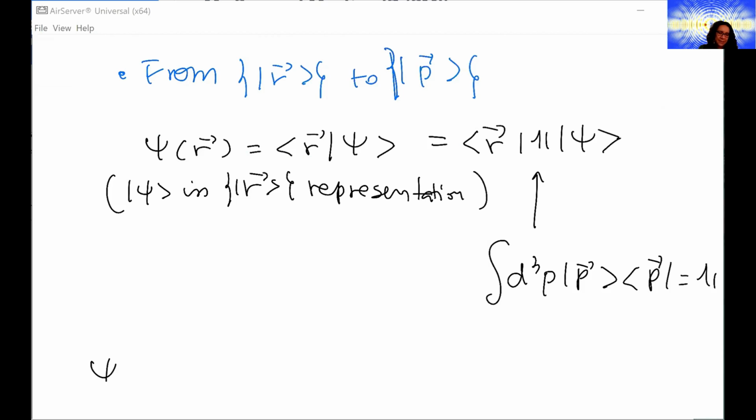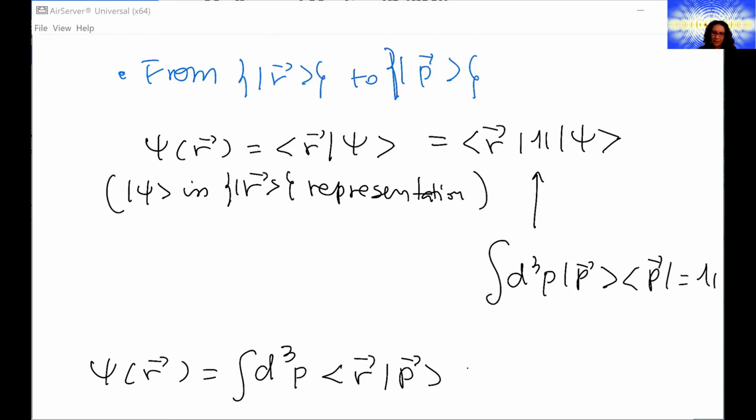Fine. So we have then that psi R is equal to the integral d3p <r|p><p|psi>. Does this look familiar to you?